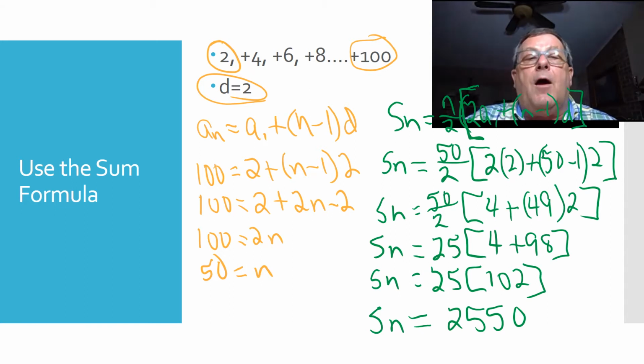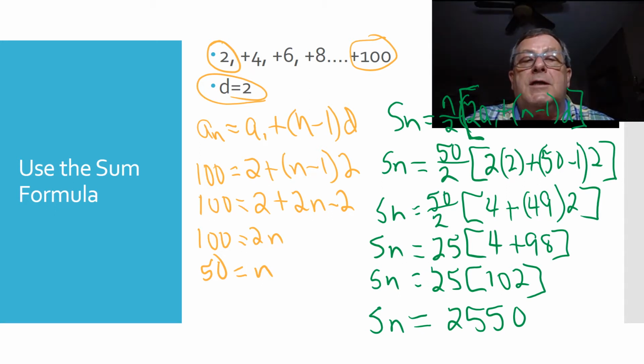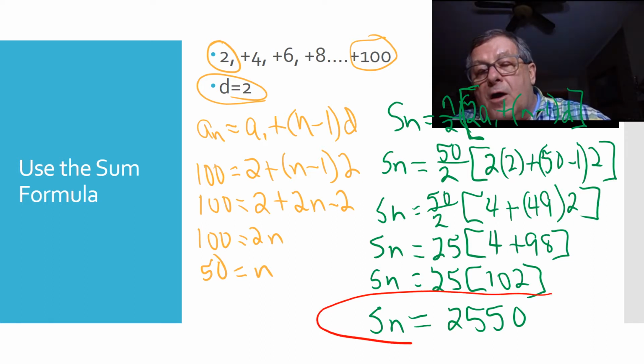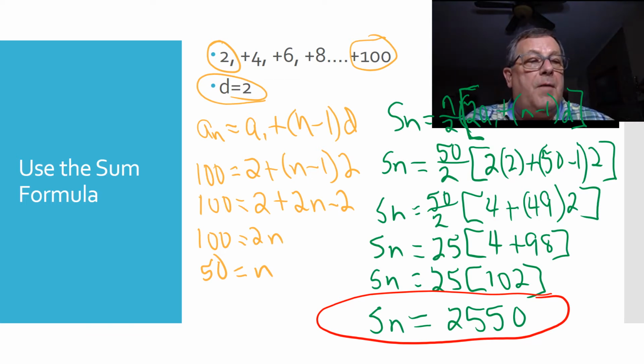So if I were to add all this sequence of numbers, 2 plus 4 plus 6 plus 8 plus 10, then go on and on out to 100, I would end up with a total. The partial sum of this arithmetic series is 2,550.